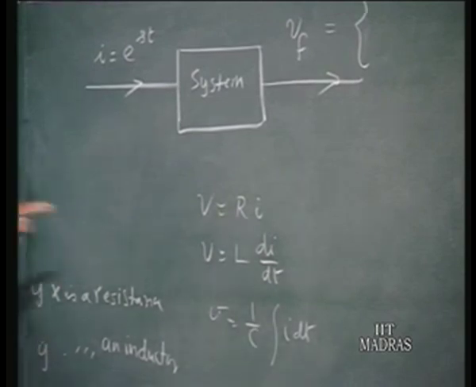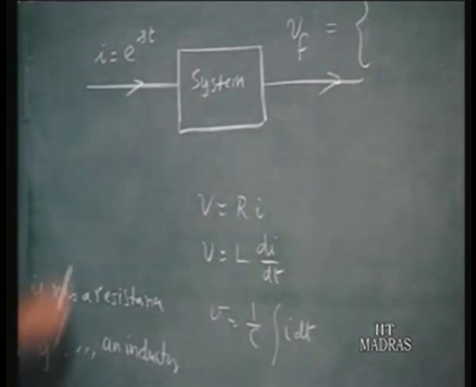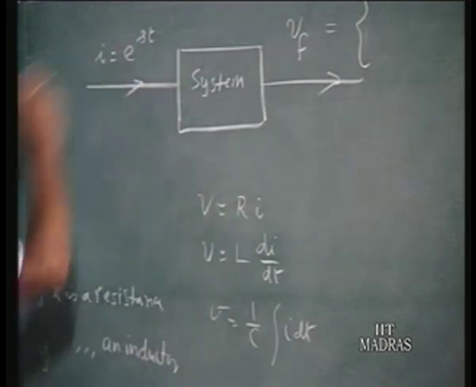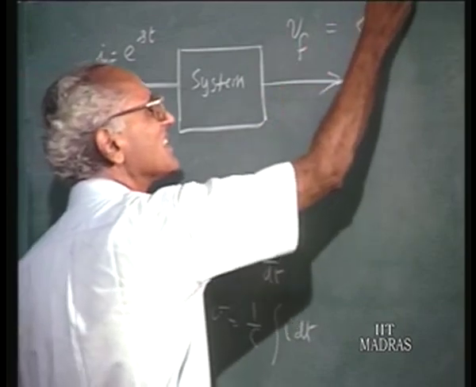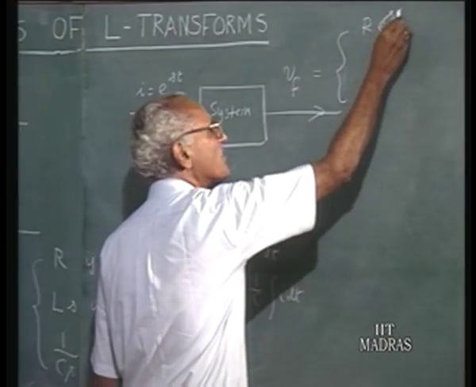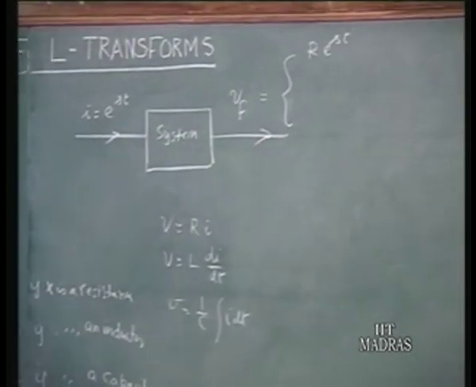Therefore, using these three fundamental relations, if the forcing function is e to the power of st, the voltage will be R times e to the power of st. There is the forced response of the resistance.